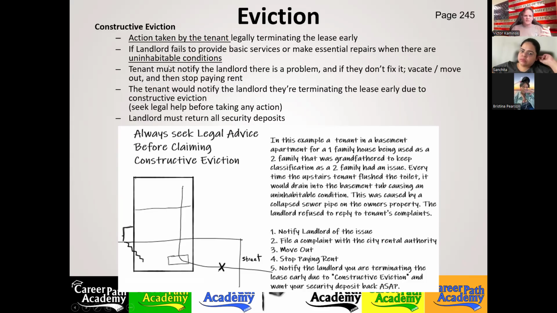The tenant must notify the landlord, number one, that there's a problem, and then if they don't fix it, they could vacate by moving out and then stop paying rent and notify the landlord you're terminating the lease early due to constructive eviction. Always get legal advice from an attorney before taking any actions. Landlords must return all security deposits to those tenants then.